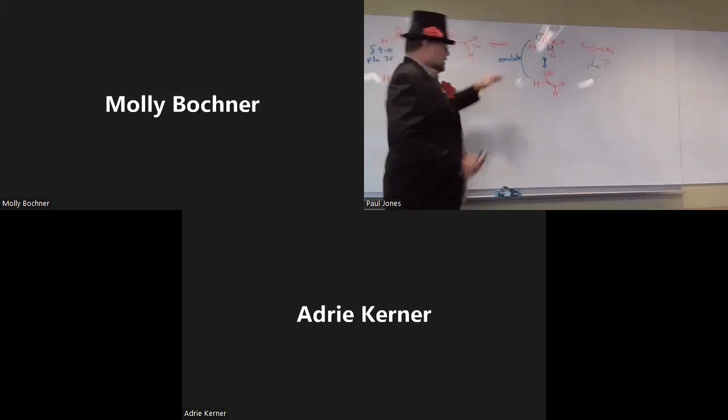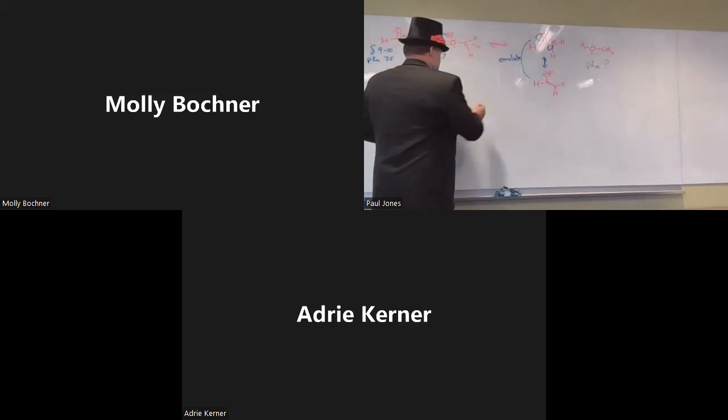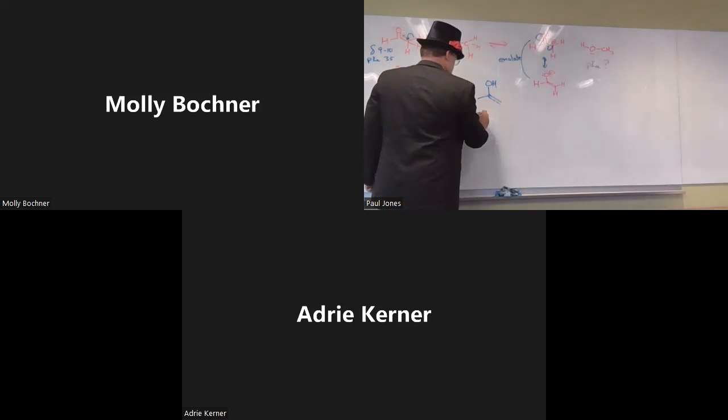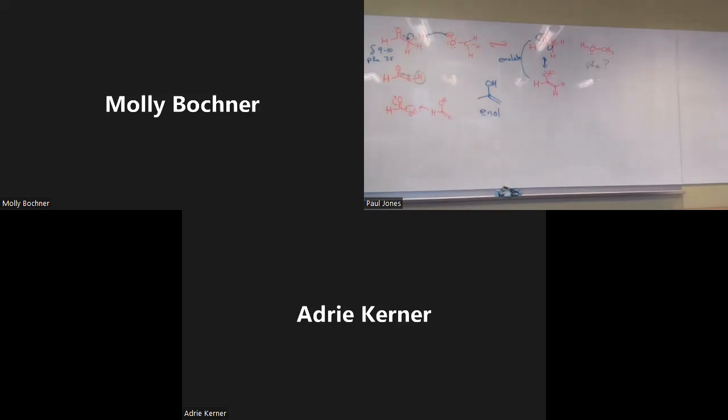This is an enolate. I'm going to go into this more on Wednesday. We have an enol. All right, the enol is a carbon-carbon double bond bonded to an OH.